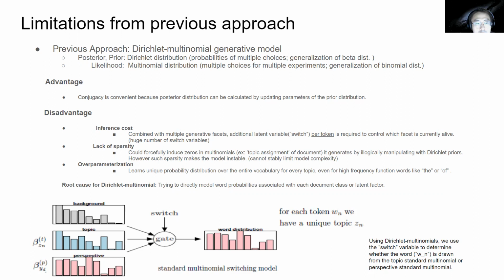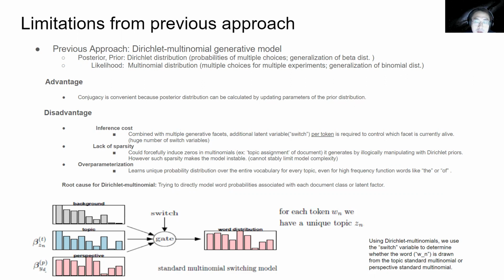Why is conjugacy good? If our prior distribution is the Dirichlet distribution, and our posterior, which we desire, is the same distribution, that's the definition of conjugacy. Then we can just calculate it by updating the parameter of the prior distribution.